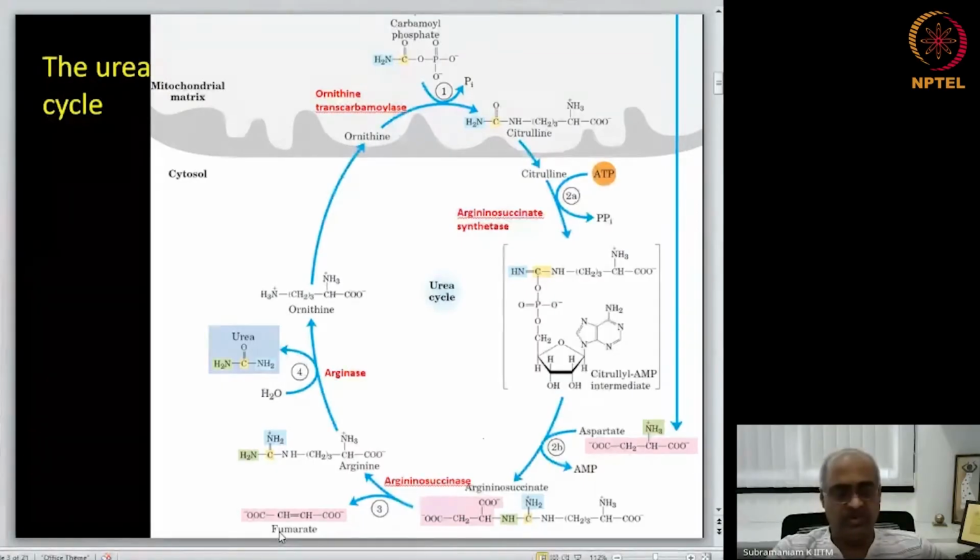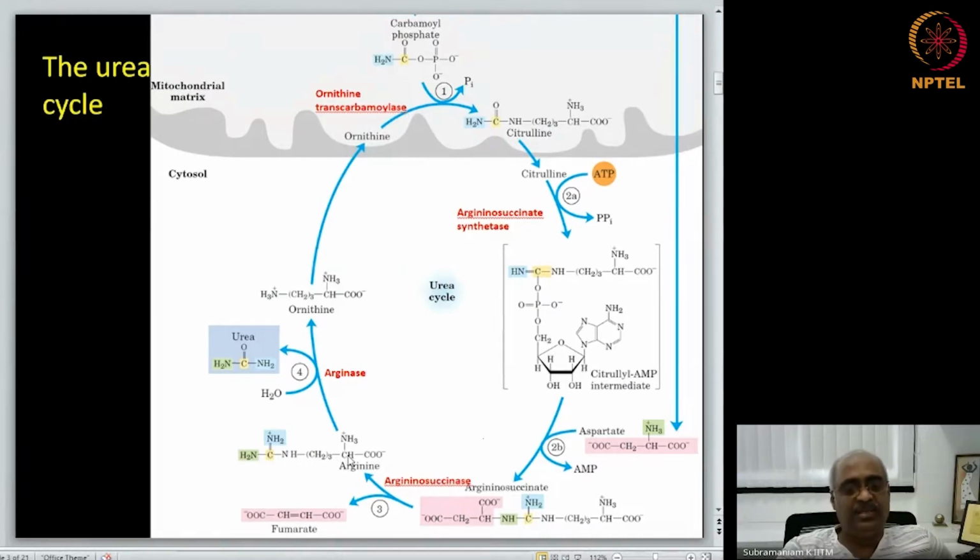If you look at the TCA cycle, there from succinate we form fumarate, then fumarate to malate to oxaloacetate. The same succinic acid, when you remove it, becomes fumarate. We will follow this fumarate later when we combine the urea cycle and TCA cycle. The remaining portion is arginine.